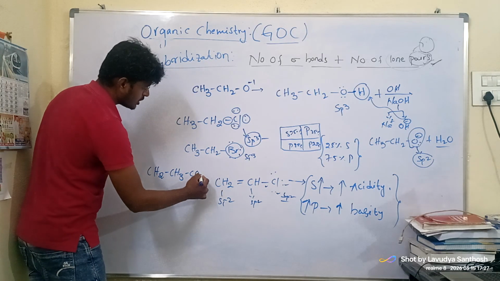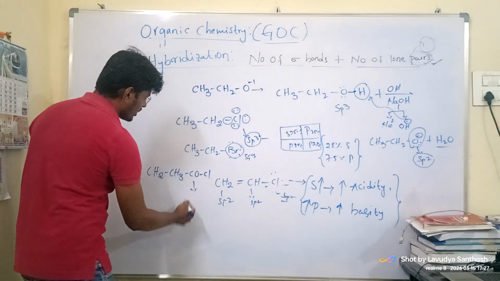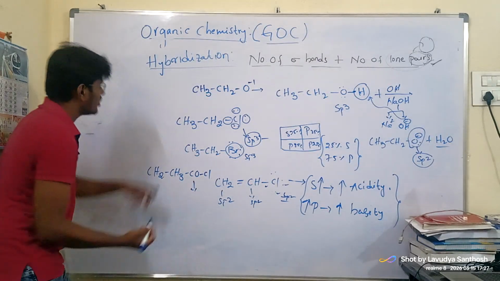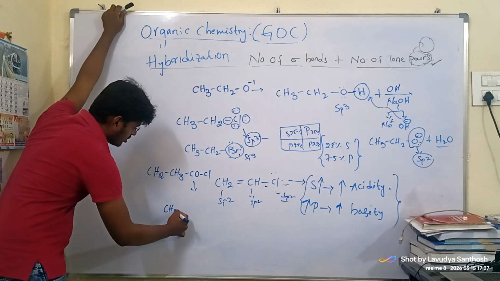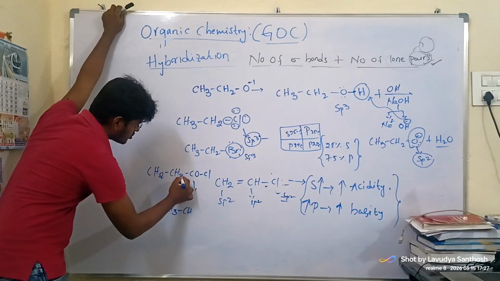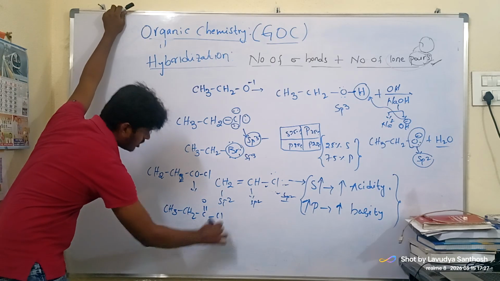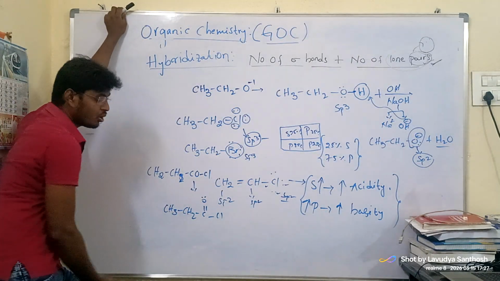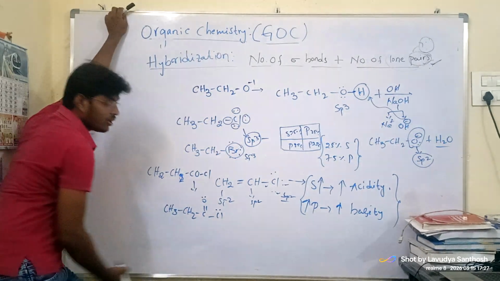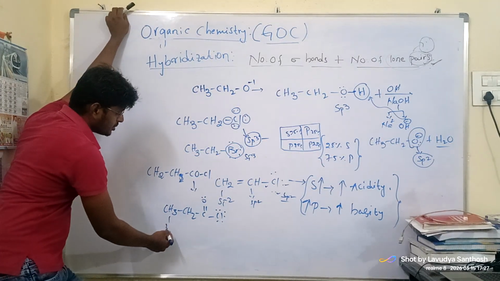COCl. This structure you just imagine would be like this: CH2, C double bond O, Cl. Now see what is the hybridization of this carbon? Two lone pairs are there on oxygen, and chlorine is also there.